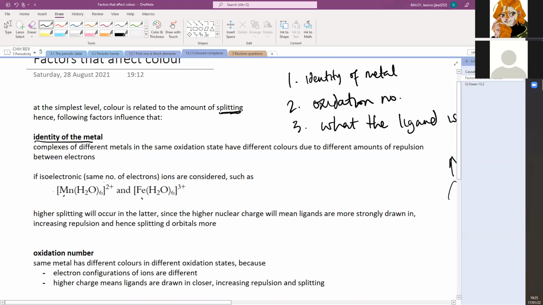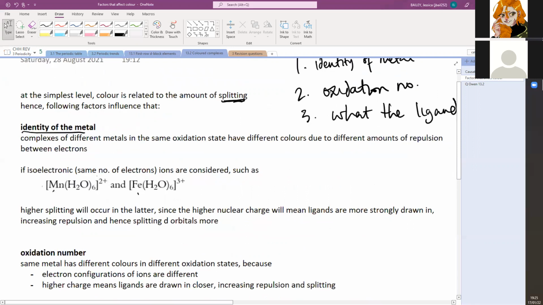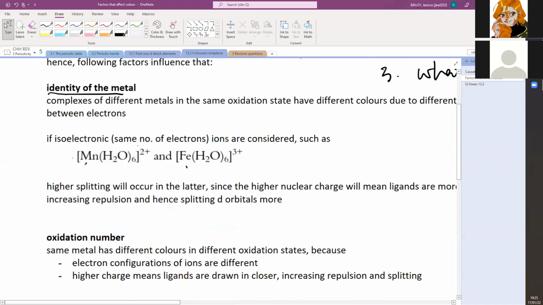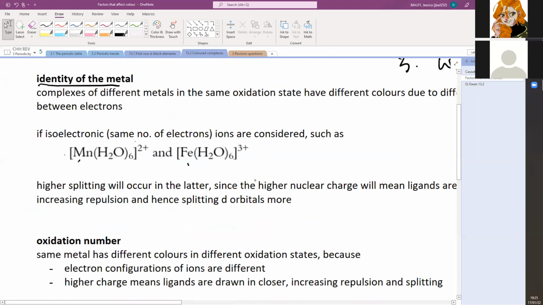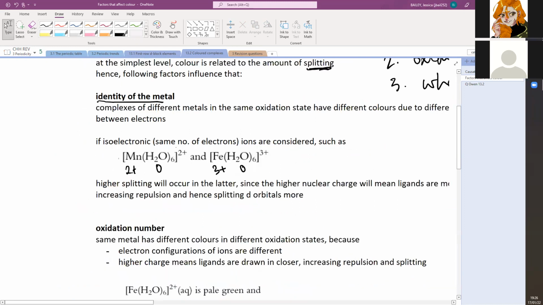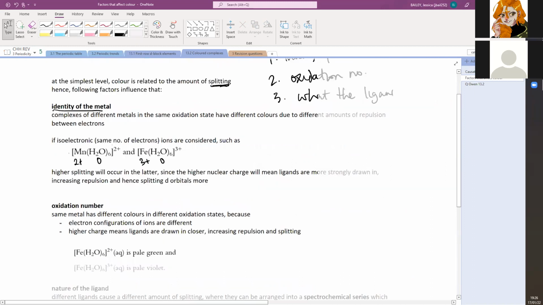The next thing is the oxidation number. So I could say these would also split differently because the oxidation number is different. Here I can see that I've got a neutral ligand, so the oxidation state of water is 0, and hence manganese has a 2+ oxidation state, and iron has a 3+ oxidation state. Since they're different, there'll be different splitting. Don't really need to understand why, just that it does.